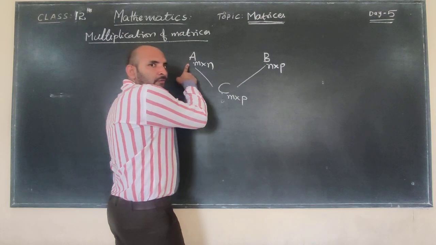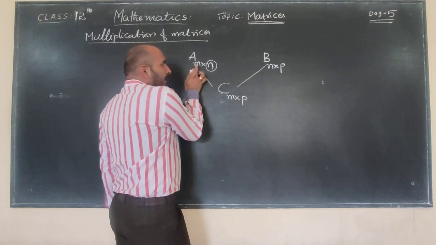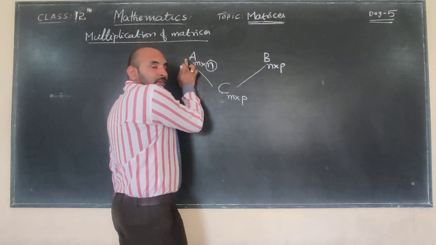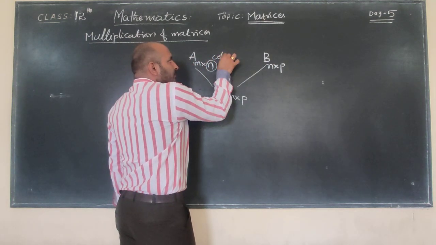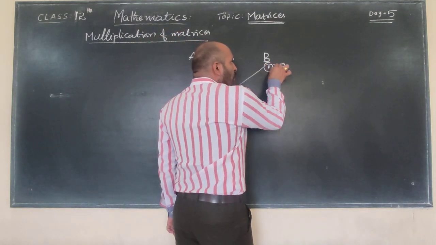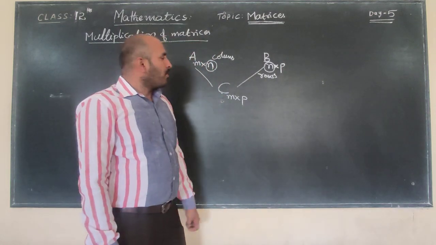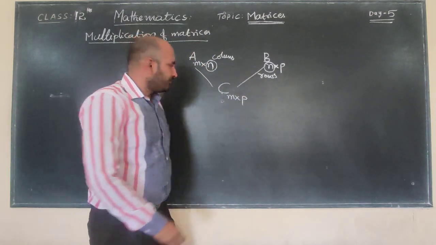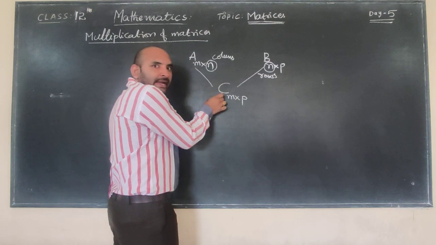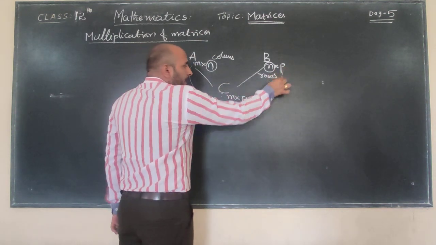For the first matrix, m rows and n columns. The number of columns of the first matrix and the number of rows of the second matrix must be equal. Then the new matrix becomes m by p.